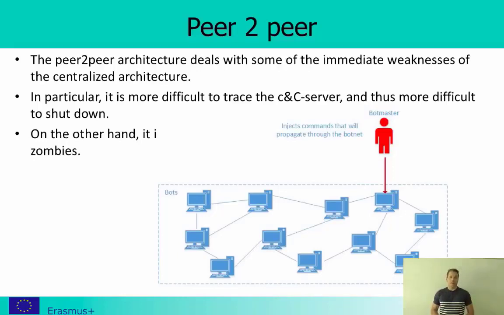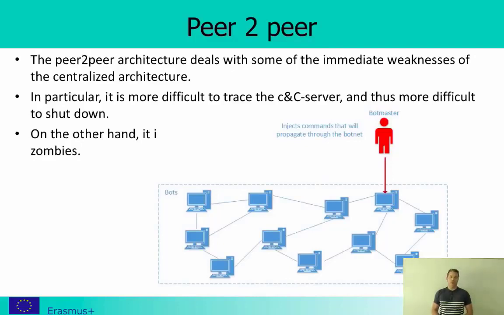As an infected zombie, you don't know if your command is coming from the botmaster itself or just from another infected machine. So it's more difficult to trace the CNC server, and a lot more difficult to shut it down, because even if you find a machine and take it out, the rest will still be well connected. On the other hand, one of the drawbacks is that it doesn't scale very well.